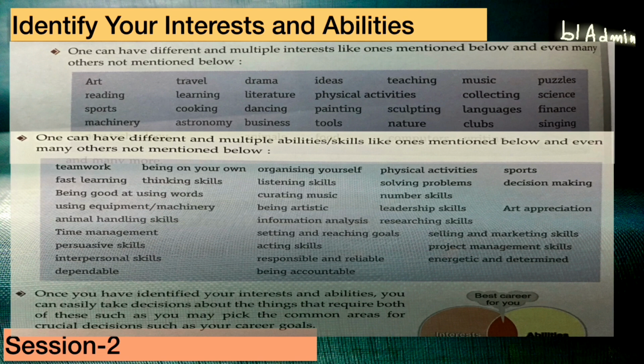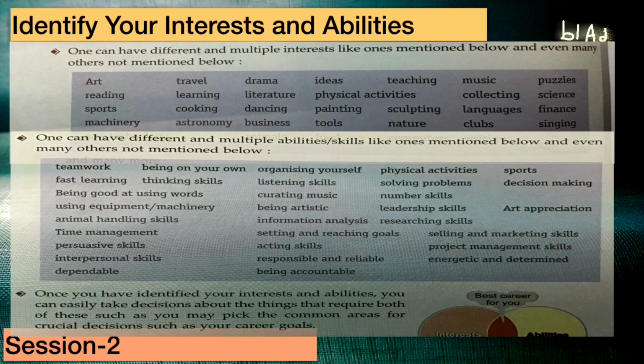Once you have identified your interests and abilities, you can easily take decisions about things that require both of these, such as picking common areas for crucial decisions like your career goals.